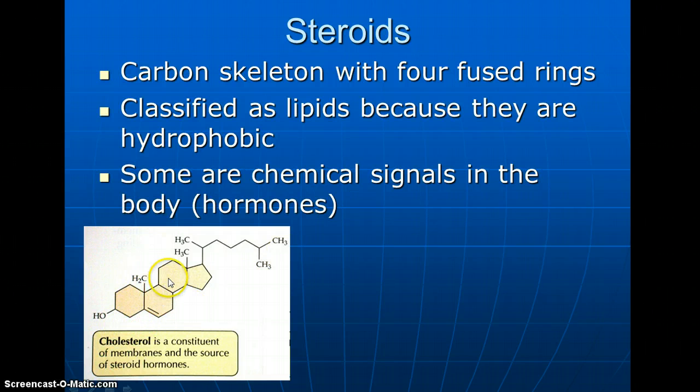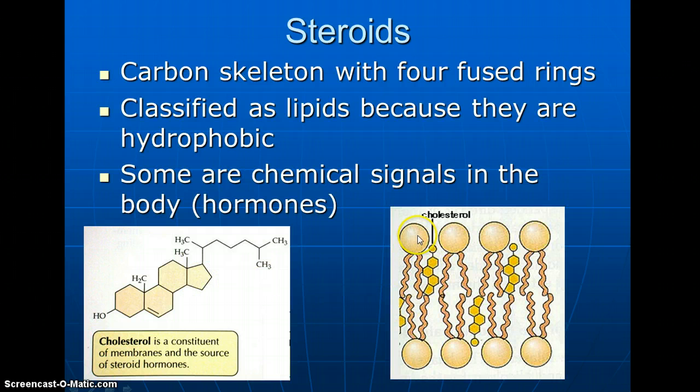Here's our 4 carbon rings. This is cholesterol, and here is cholesterol within our phospholipid bilayer. So here's those phospholipids that surround the cells and the cell organelles, and here's the cholesterol. And in animal cells, the cholesterol gives those cells some structure.